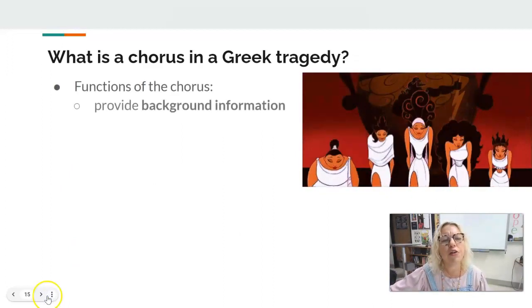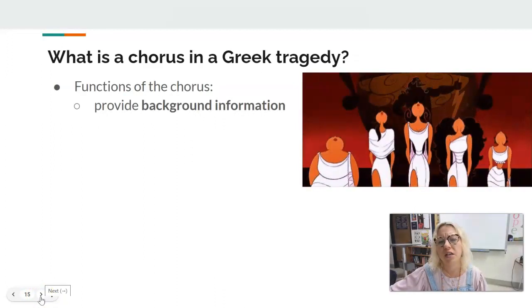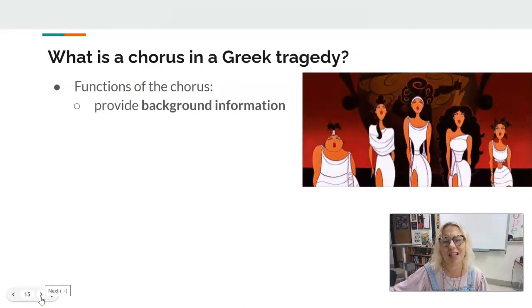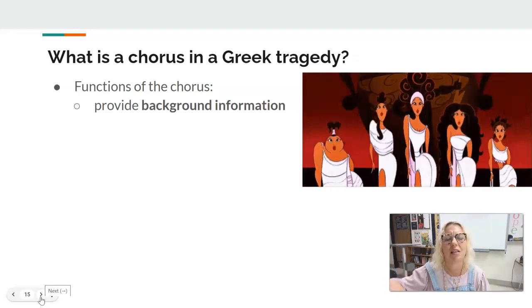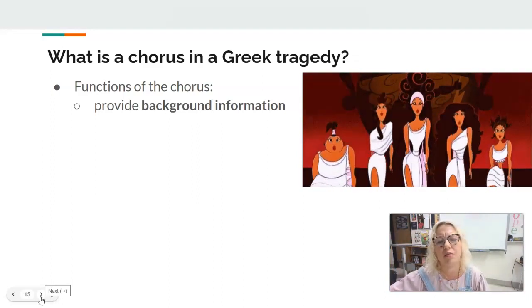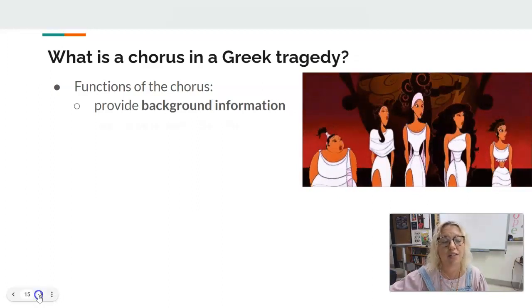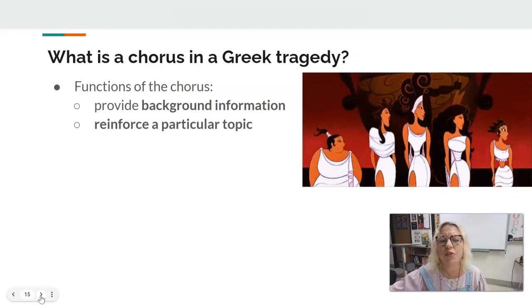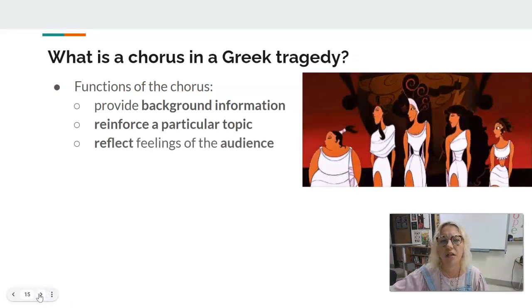The functions of the chorus are to provide a lot of background information. They give us information on even back mythology and stuff that isn't part of the play's story itself. They reinforce a particular topic by repeating something that maybe one of the characters said. They also reflect the feelings of the audience.